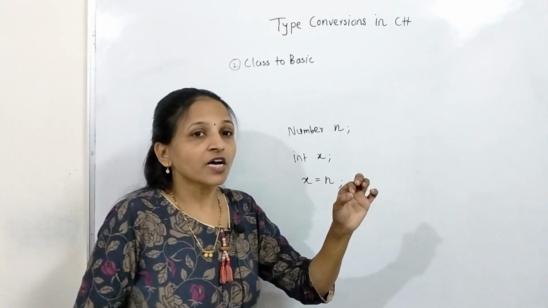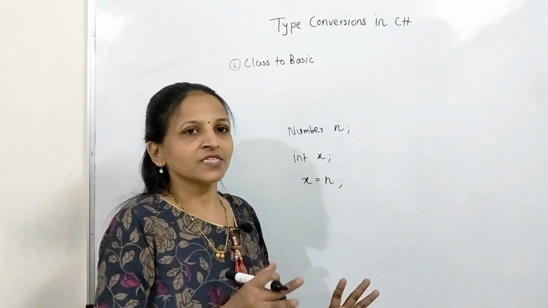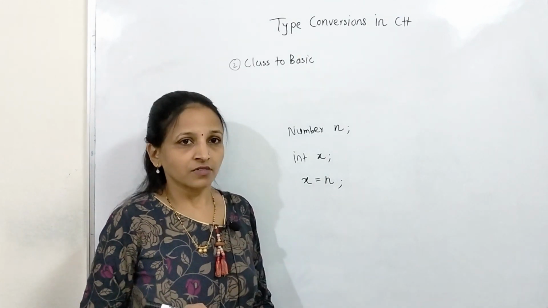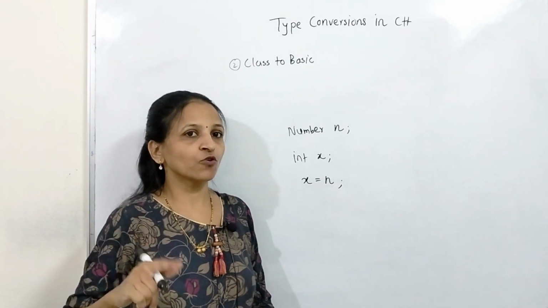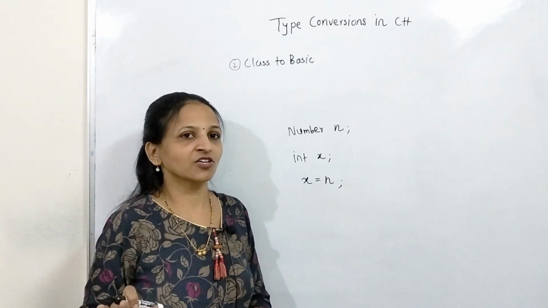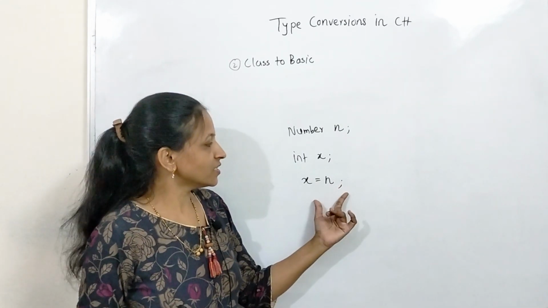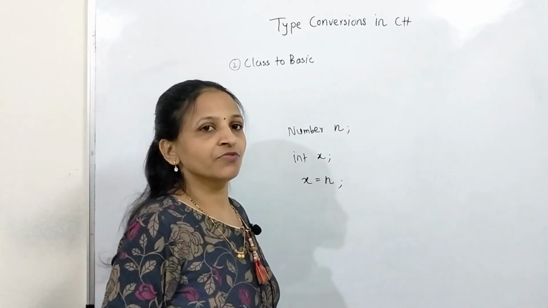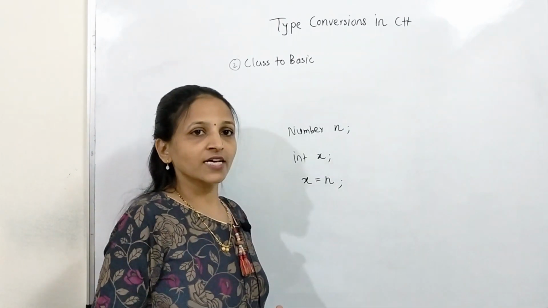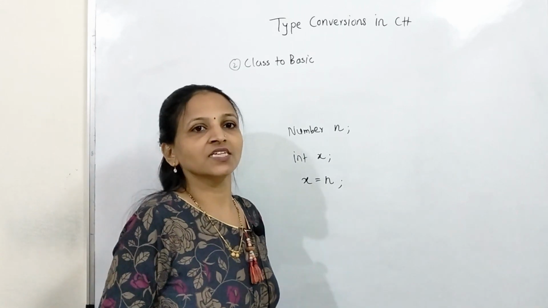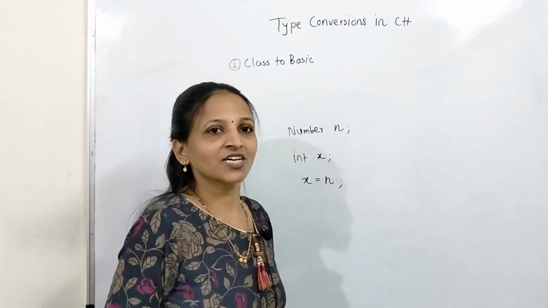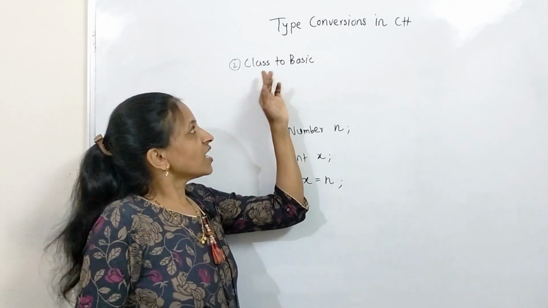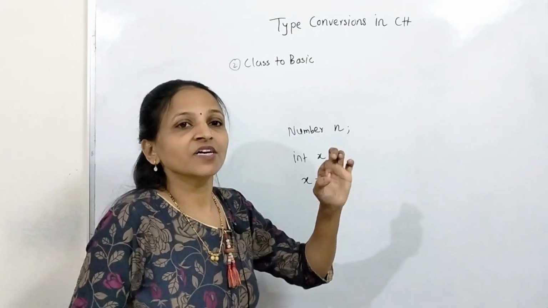To achieve this, C++ has provided a conversion function. In operator overloading we saw the operator function. In type conversion, C++ has provided the conversion function, also called the overloaded typecasting operator function, that we have to use to achieve class to basic type conversion.